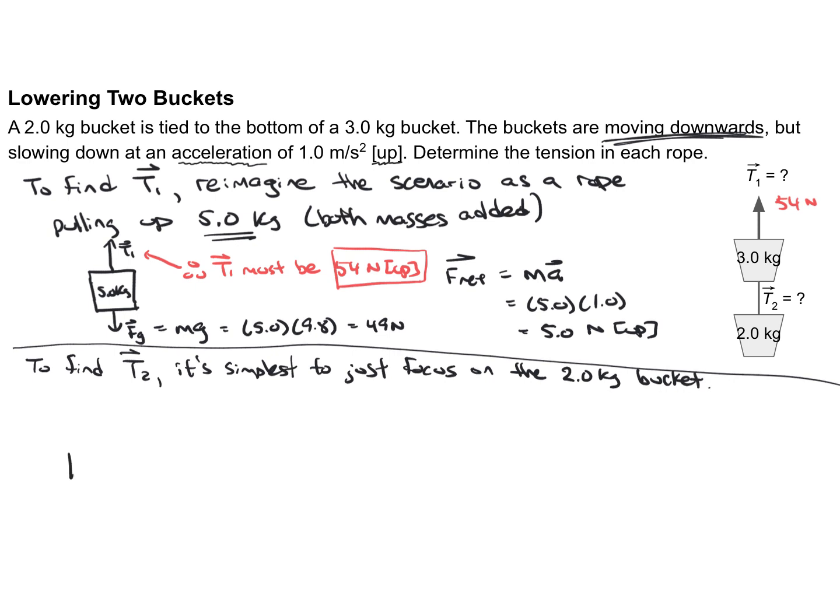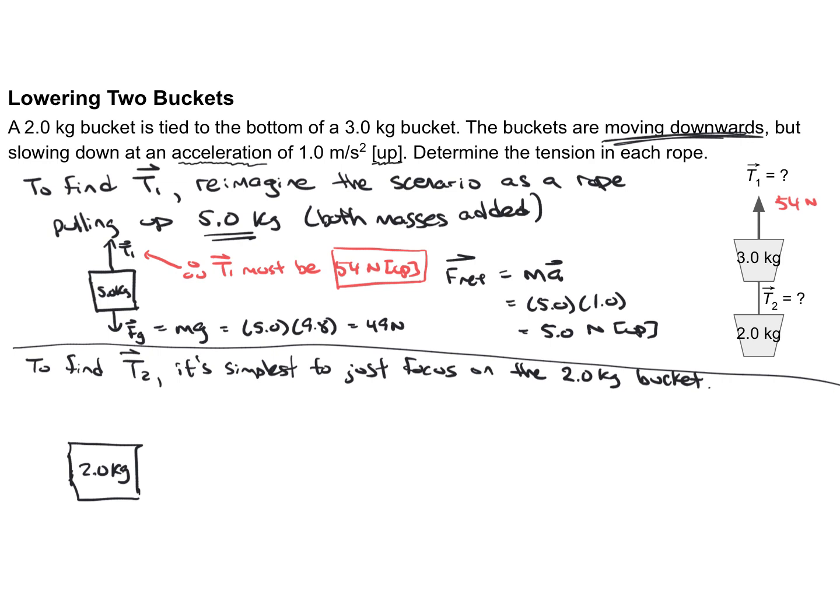I'm going to draw a free body diagram for the 2 kilogram bucket. I just drew it bigger so I can write 2 kilograms in it a bit more neatly. Okay, so what are the forces acting on the 2 kilogram bucket?